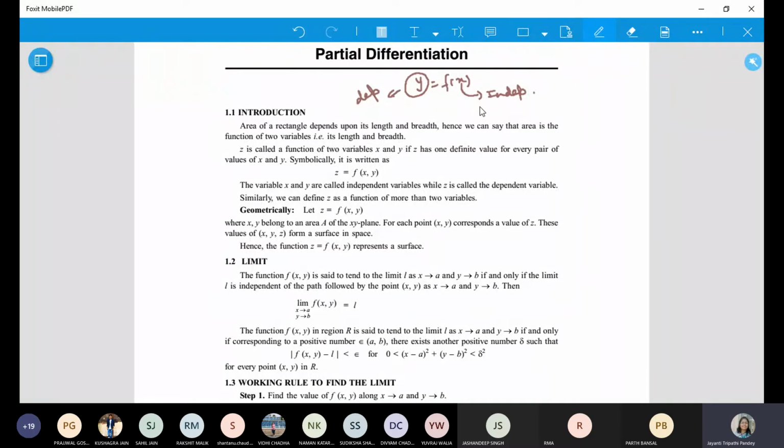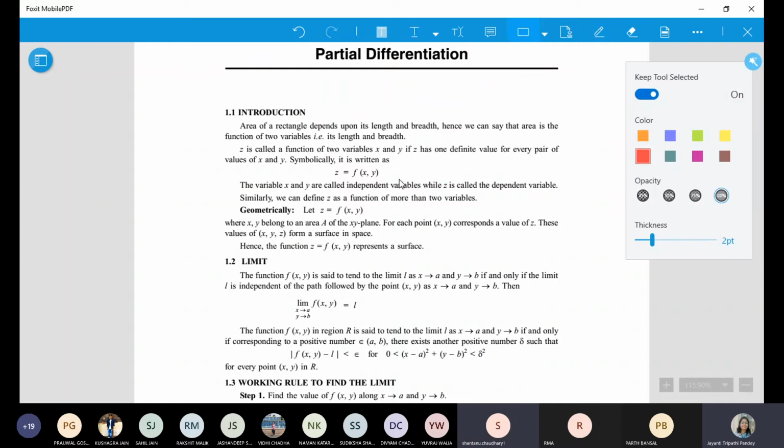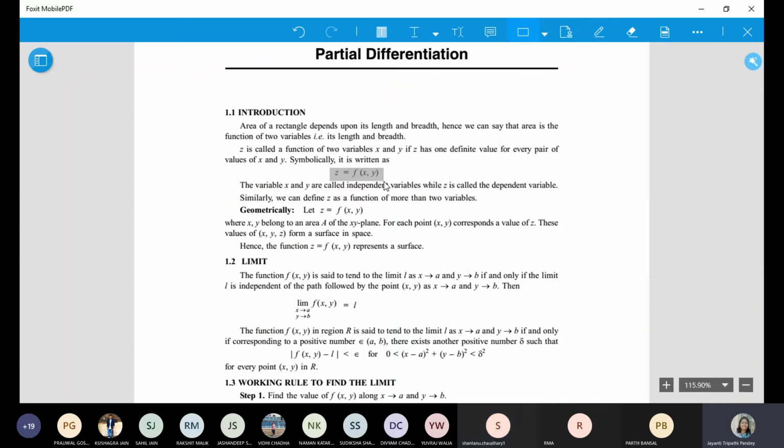Now we will be focusing on the functions which has more than one independent variable. Suppose the function is dependent on two variables, then we express it like this. Z is equal to f(x,y). Z is equal to f(x,y) type of thing, see? Now what is happening here? You have two independent variables x and y and they are connected by some function f, and what output you are getting is your z, right?